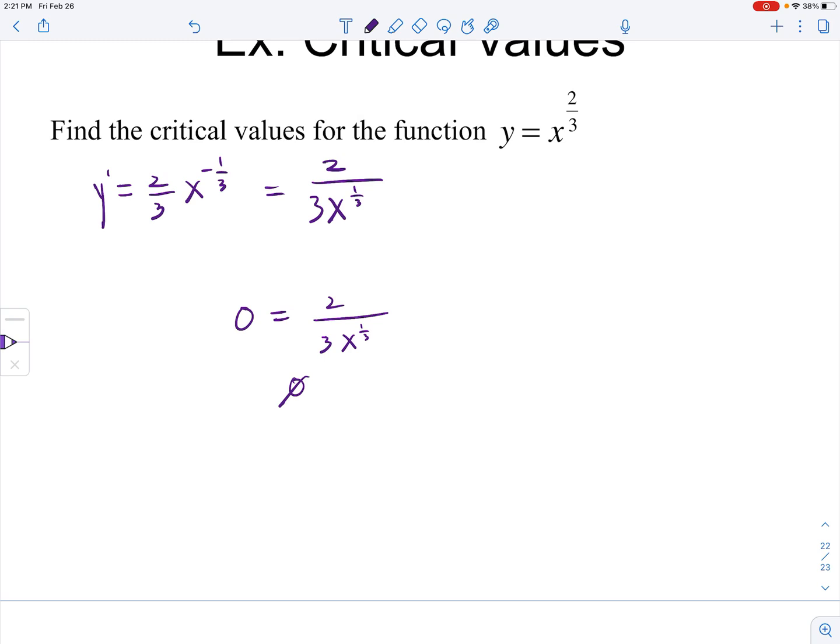But the derivative would be undefined at 0. Therefore, there is a critical value at x equals 0, because, again, that's where the derivative's undefined and 0 is in the domain of y equals x to the 2/3.